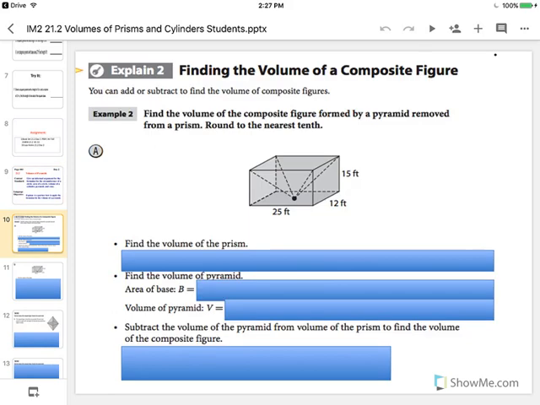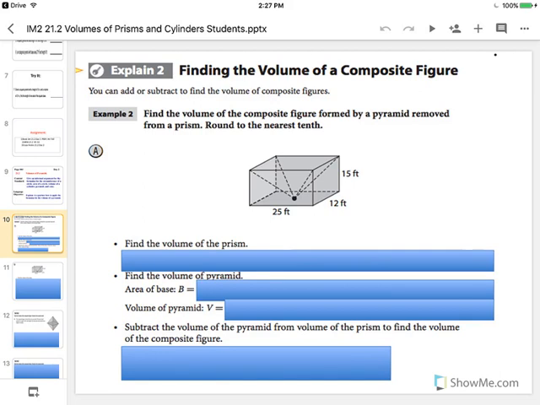So on day 1, we were working with finding the volume of a pyramid. For day 2, we're finding the volume of a composite figure. Let's try our example 2. Find the volume of a composite figure formed by a pyramid removed from a prism, rounding to the nearest 10.